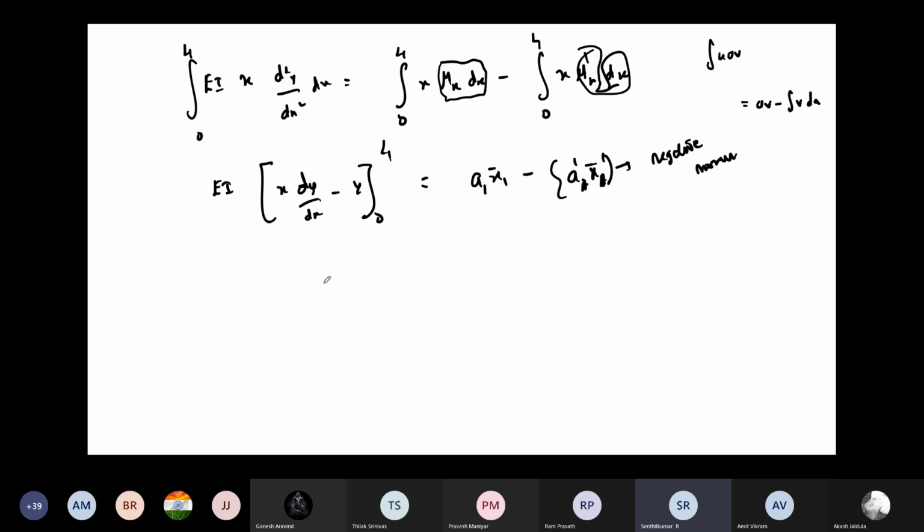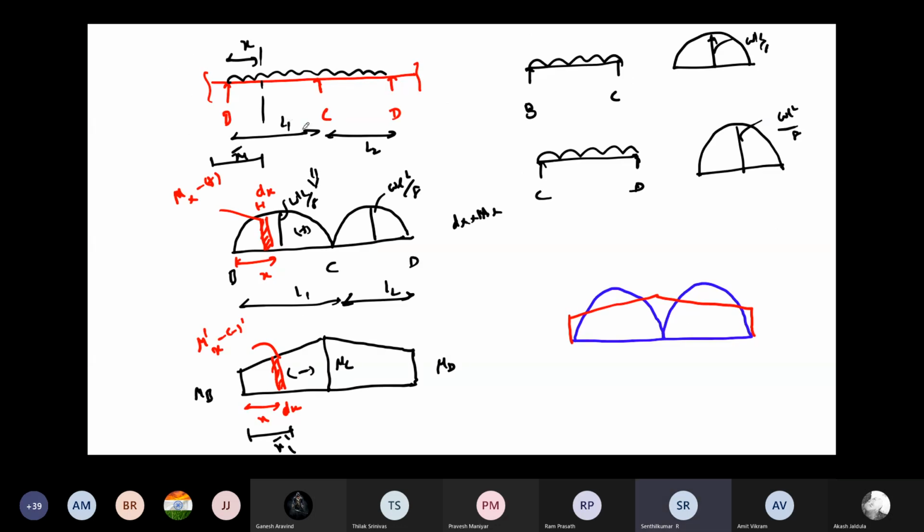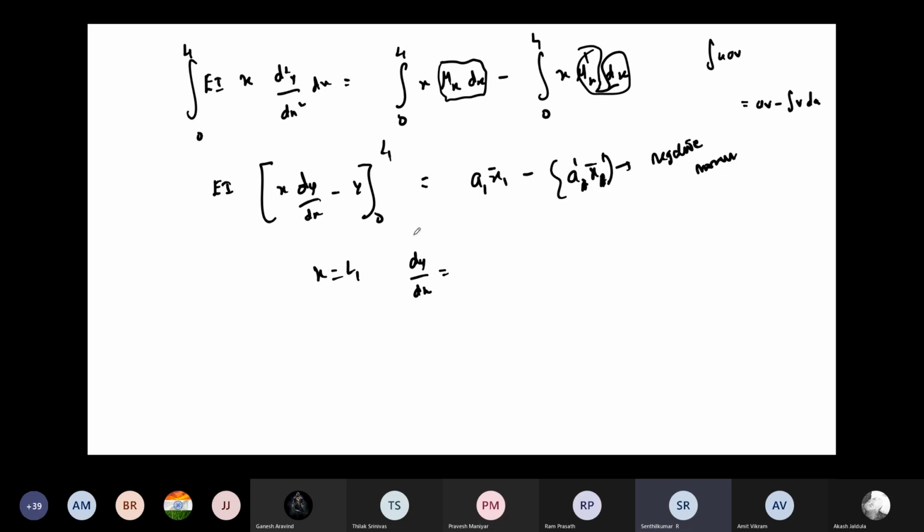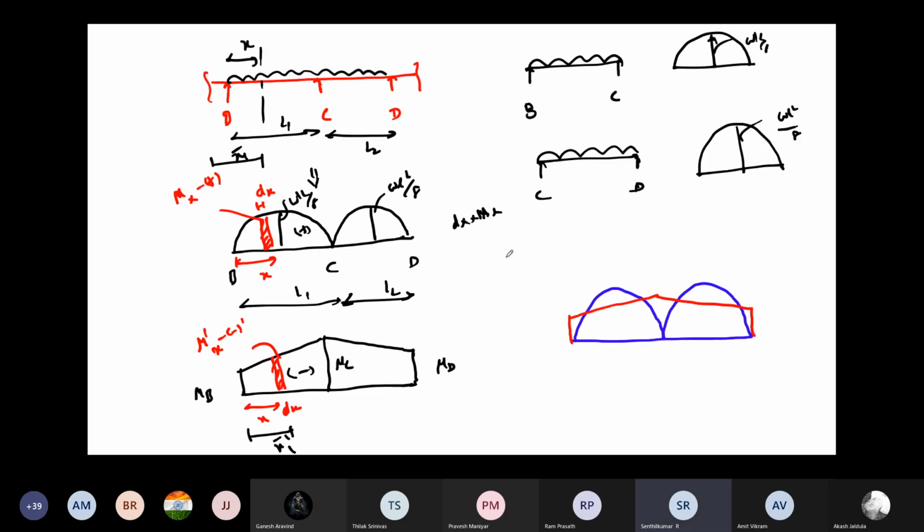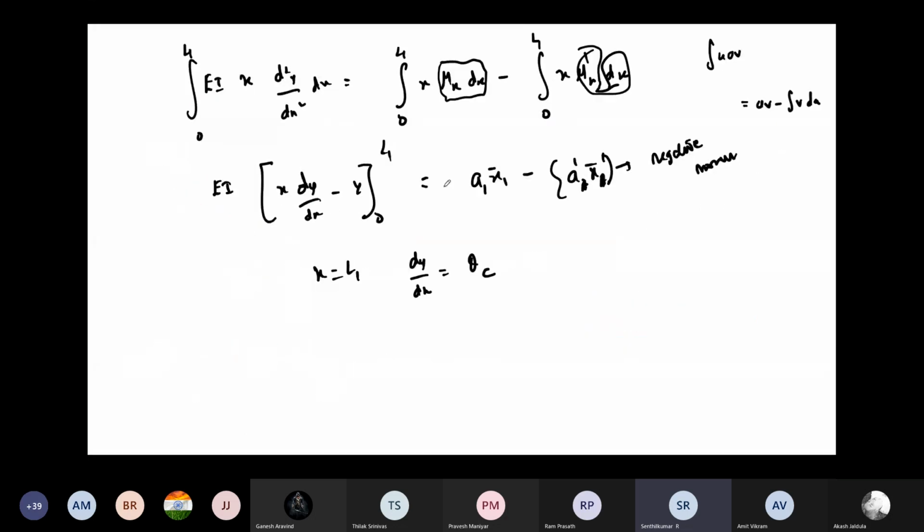So finally, now you keep the limits here. At x equal to L1, what is your dy by dx? At x equal to L1, dy by dx is nothing but the slope at C. Slope at C is nothing but theta C. Then again, at x equal to L1, what is my y?